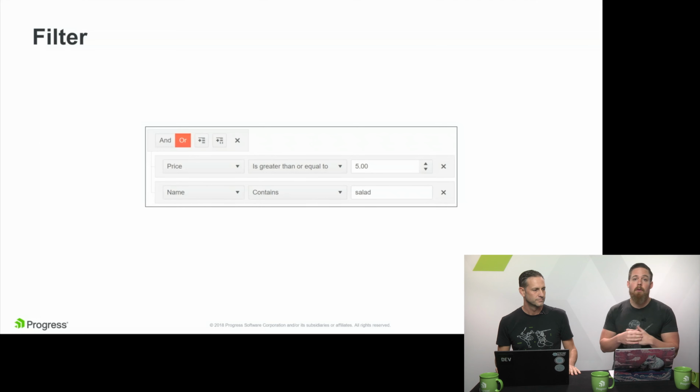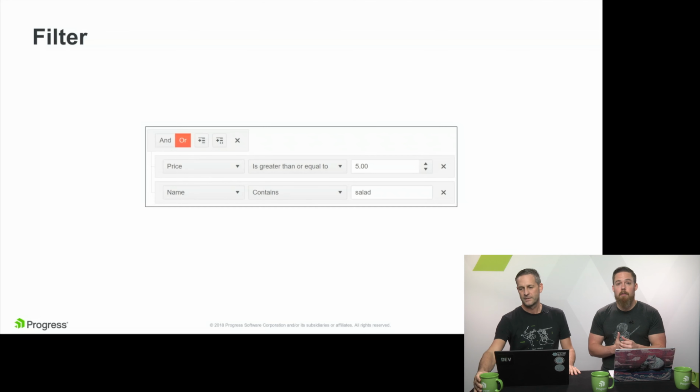It 100% depends on if you want to do this with remote data or local data, but this gives the users the chance to go beyond what you might already have within some of the filter capabilities that we have within our existing components. So a great way to allow a lot of advanced functionality for users and be able to give them more power to slice and dice the data they have available within your application.